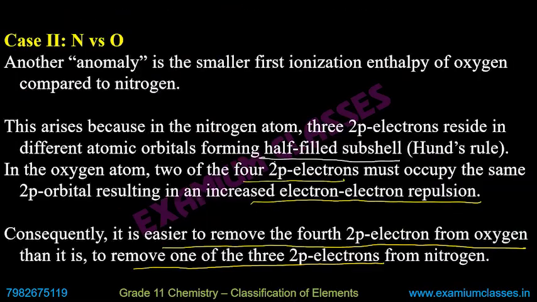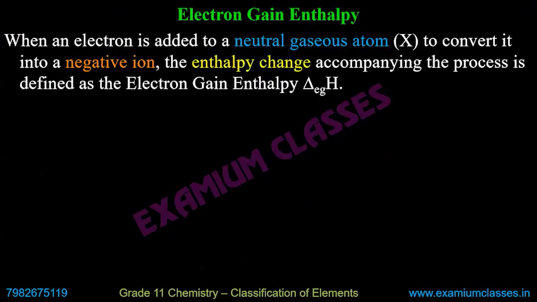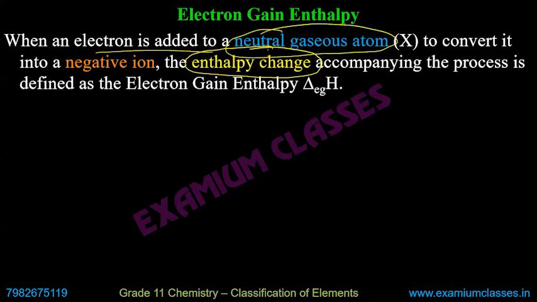But when we talk about electron gain enthalpy, it is energy change. So that's why the keyword here is enthalpy change. It may be positive, it may be negative. So when an electron is added to a neutral gaseous atom to convert it to a negative ion, then the enthalpy change accompanying the process is defined as electron gain enthalpy.